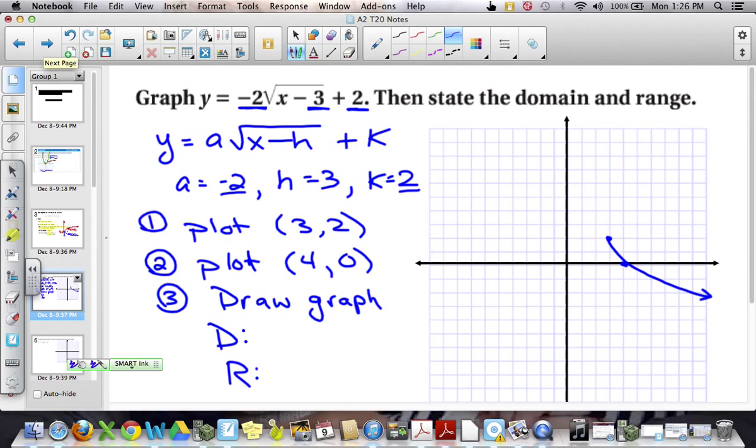The domain is always starting at the value of h, which is 3 to infinity. And then the range, since a is negative, we're going to go from negative infinity to k, like that, for our range.